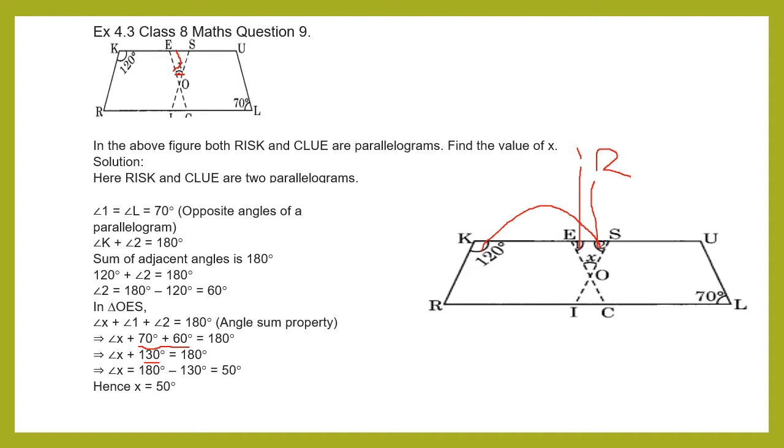Angle x plus 130 degrees equals 180 degrees. If we transfer the plus 130 degrees to the other side of the equation, it becomes minus 130 degrees. So 180 degrees minus 130 degrees gives 50 degrees. So the x value is 50 degrees. We got the answer: the value of x is 50 degrees.